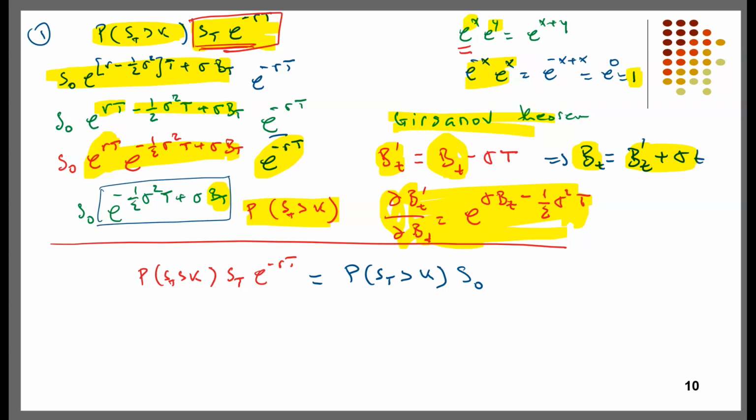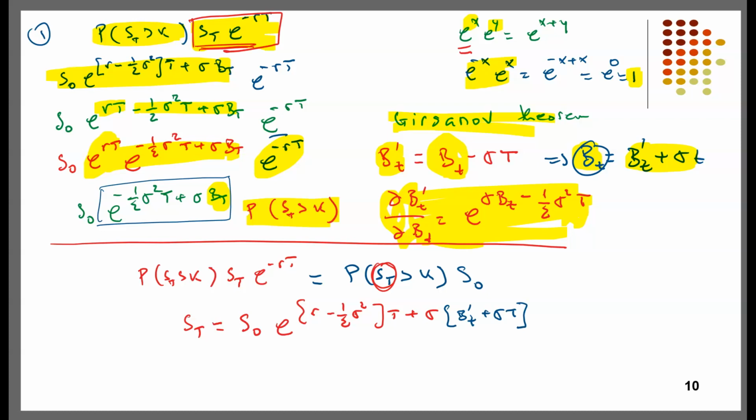And the only reason that term would be equal to 1 is because this ST that we have here would be expressed as ST equal to S0 exponential of R minus 1/2 of the variance multiplied by t plus sigma BT, but this is going to be the new BT. Okay, a function of the new BT anyway. And the function of the new BT, remember the Brownian motion that we had, would be B prime t plus sigma t.